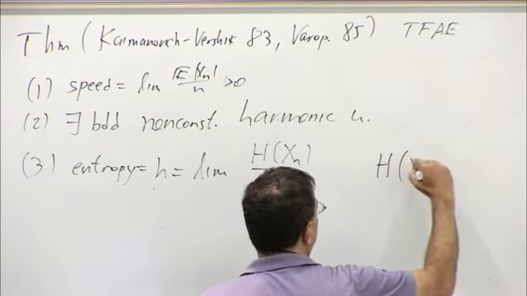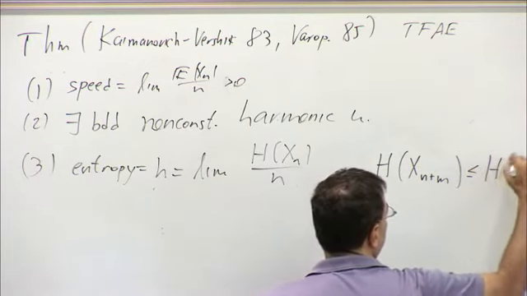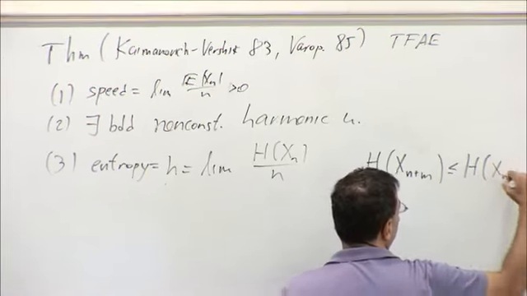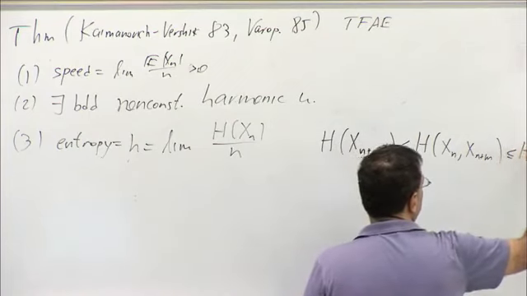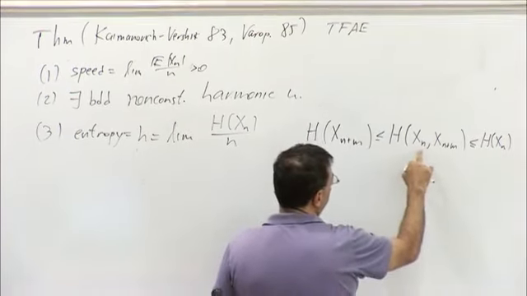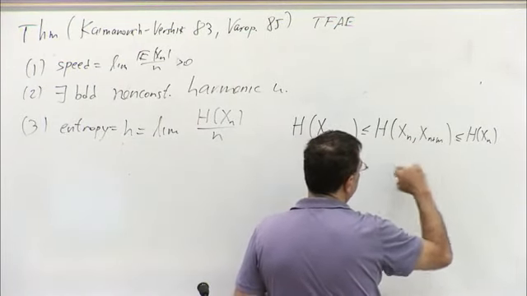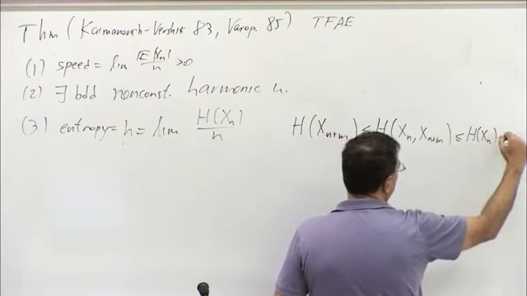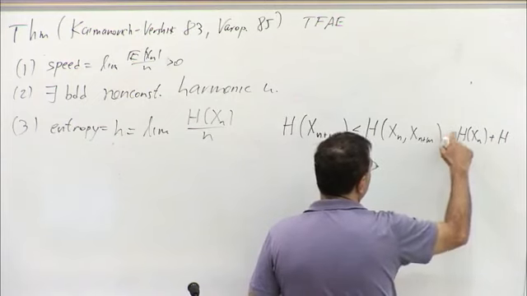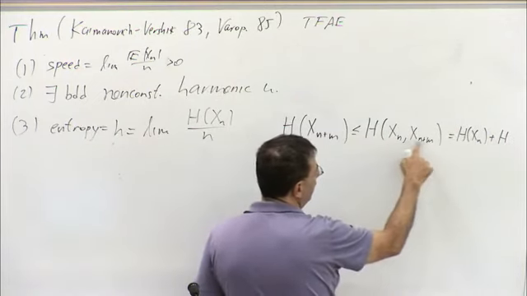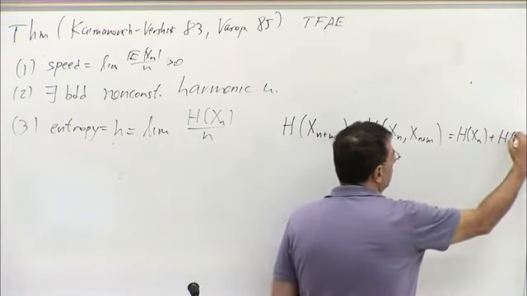So the entropy of x n plus m is less than the entropy of the pair xn and xn plus m, which is equal to the entropy of xn plus the conditional entropy, and the conditional one is in fact less than the entropy of xm, because once you condition on xn, the distribution of xn plus m is just like the original distribution of xm.